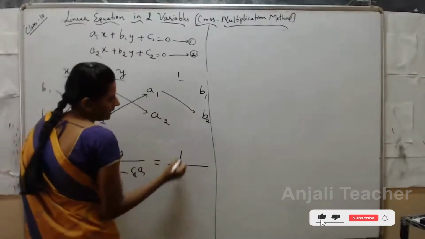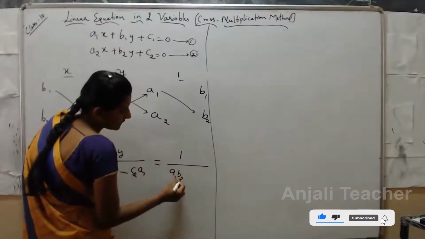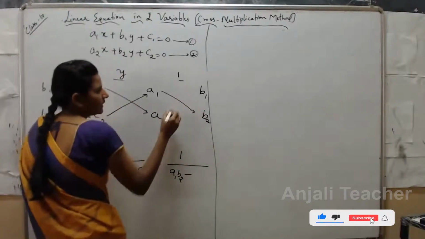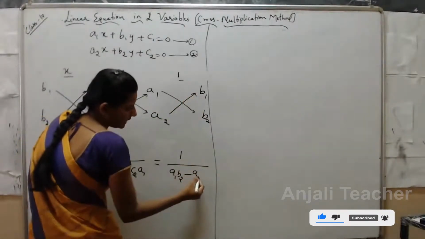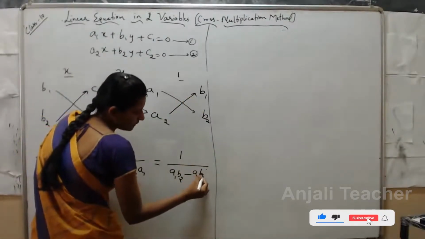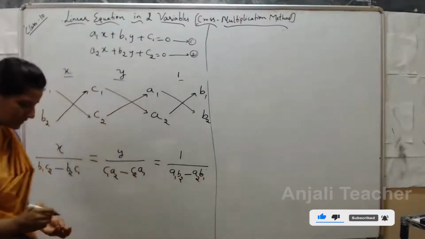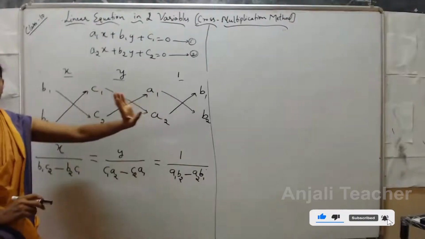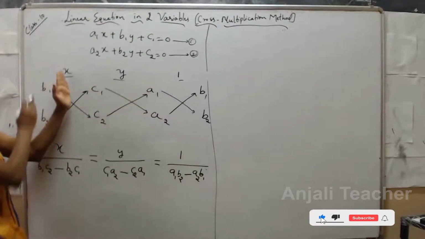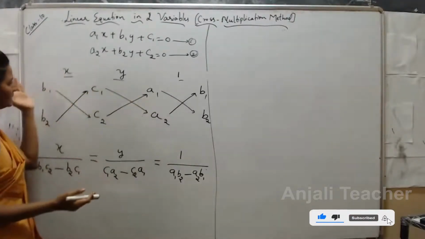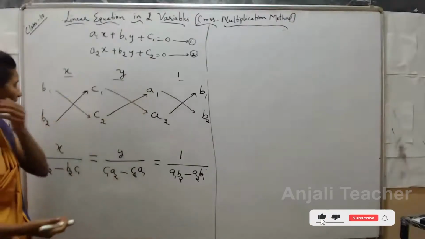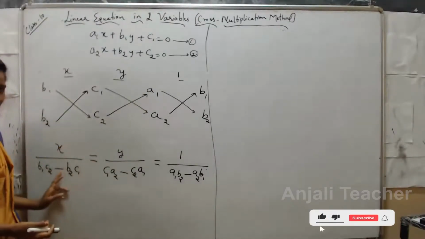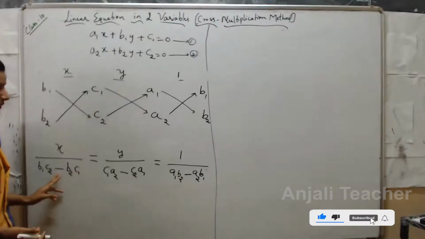Again, A1 into B2 minus A2 into B1. Got this? What we have to do? X divided by, first we have to write x, y and 1. Next, beside this B, C, A, write like this. Next, B1 C2 minus, always you should add minus, this is very very important.